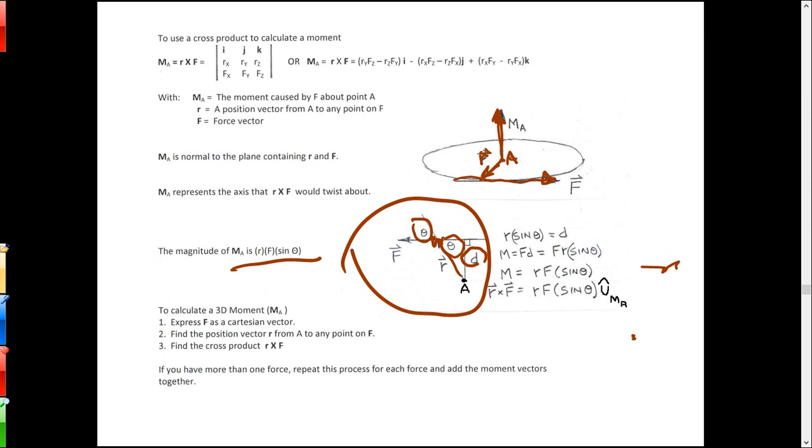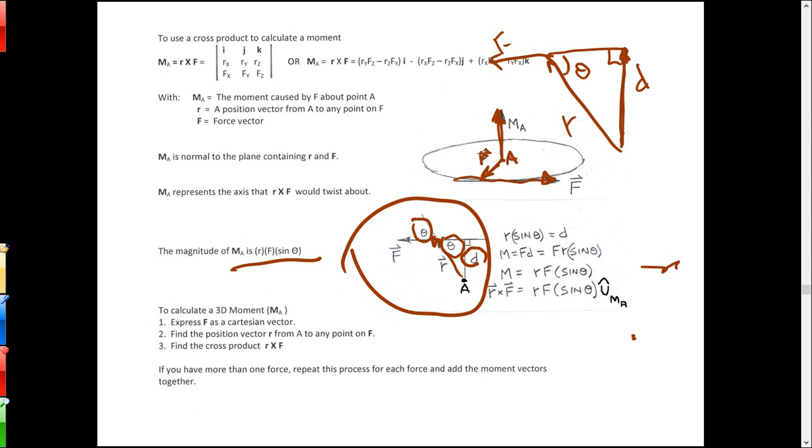Look what I've got. I've got a nice little right triangle there, don't I? I've got the perpendicular distance over here. I've got the force right there. I've got R right here, and I've got this angle theta. So if I take the magnitude of R, which is the hypotenuse of that triangle, and multiply it by sine theta, that automatically gets me that perpendicular distance.